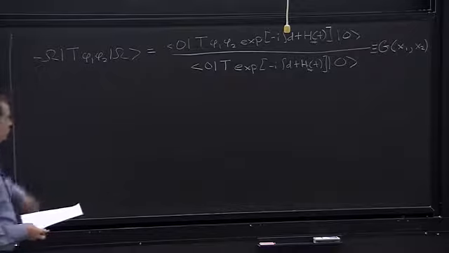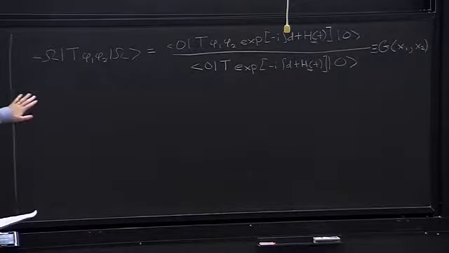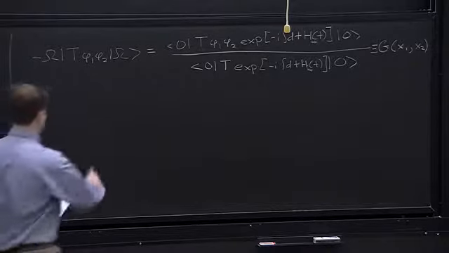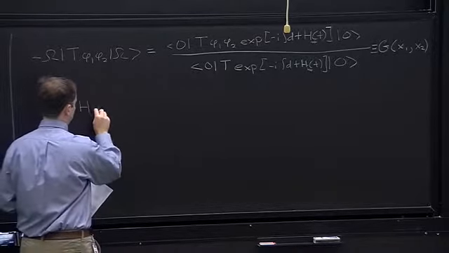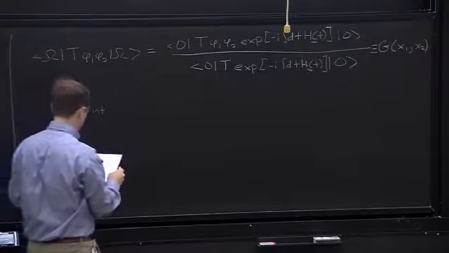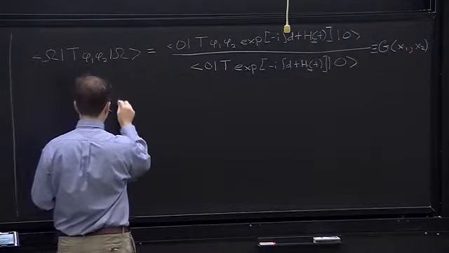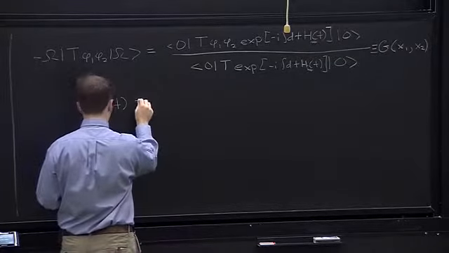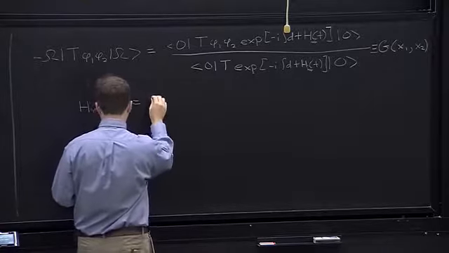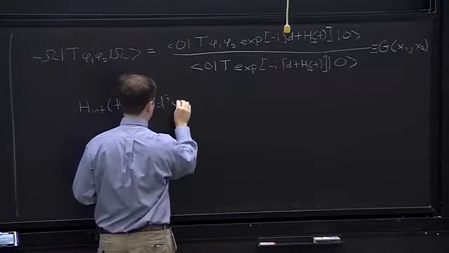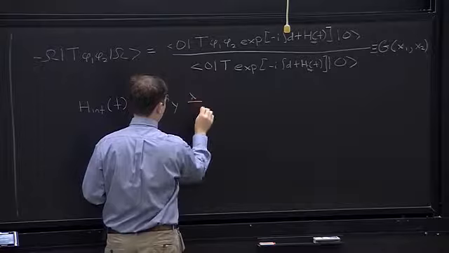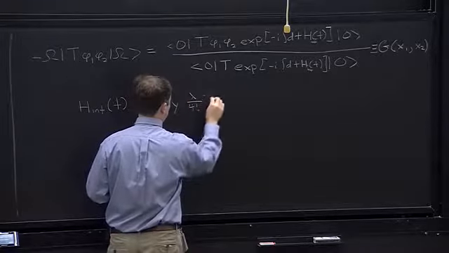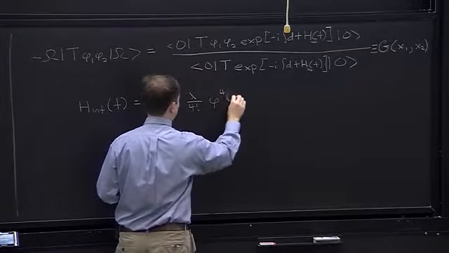And to see how to represent this result using Feynman diagrams, it will be useful to consider a particular example. So for the remainder of the lecture, we'll just consider the example where the interaction Hamiltonian is just the integral of λ over 4 factorial φ to the 4th of y.